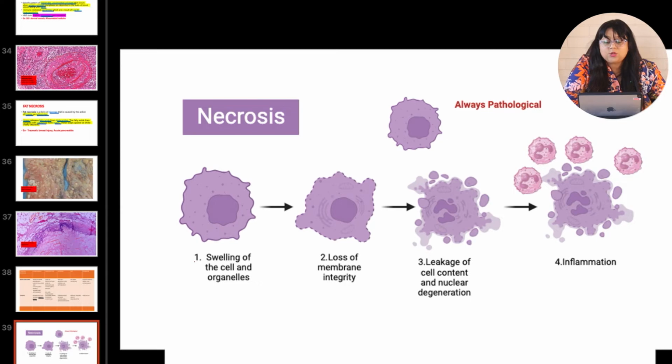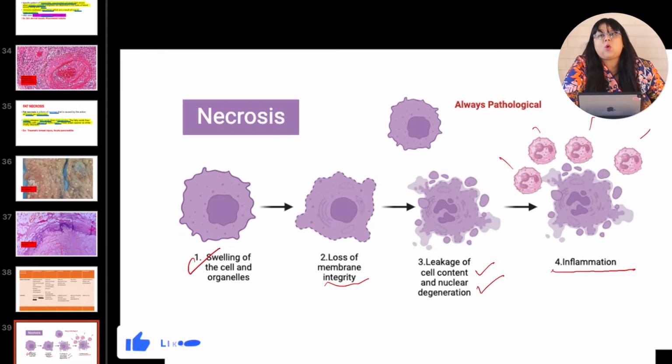Then there will be loss of membrane integrity. After that, there will be leakage of the cell content and nuclear degeneration. The three nuclear features I have told you about are pycnosis, karyorrhexis and karyolysis. And it is invariably accompanied by inflammation. You can see the inflammatory cells here. So necrosis is always pathological and always accompanied by inflammation.